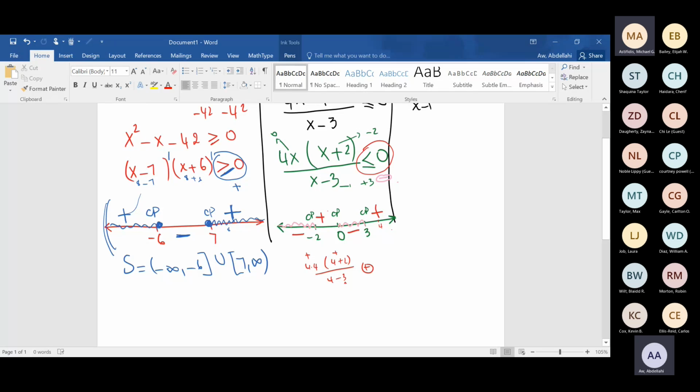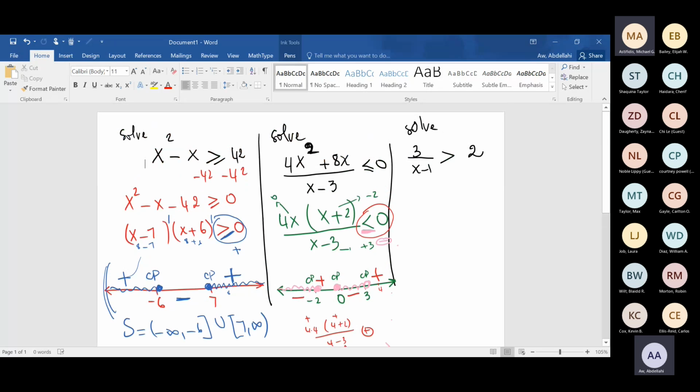Now, what number cannot be part of the solution anyway? +3 cannot be part, so that's why I put an open circle here. And for these two, they are part of the solution because of the equal sign. So my answer will be (-∞, -2] union [0, 3). All right.